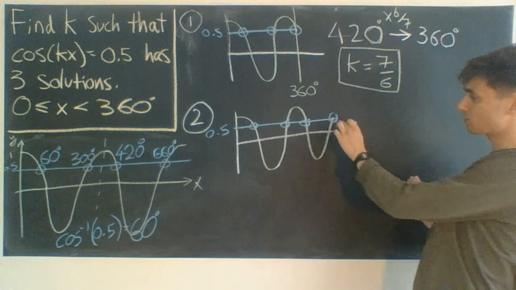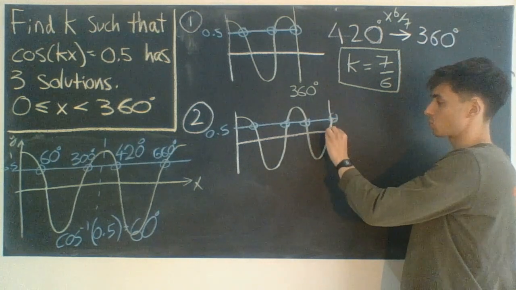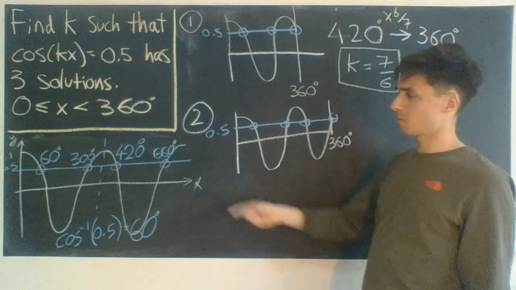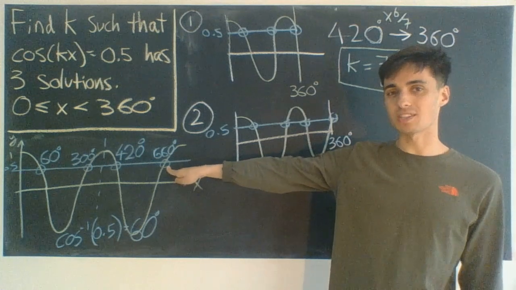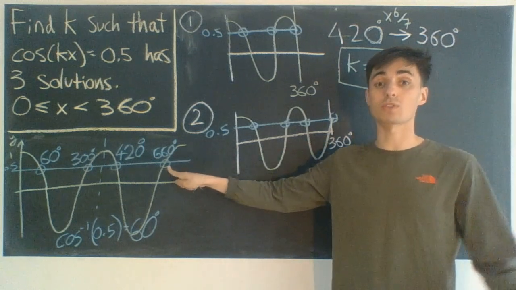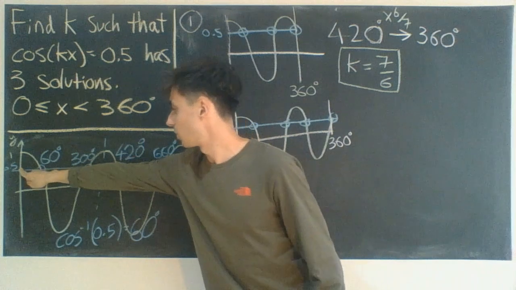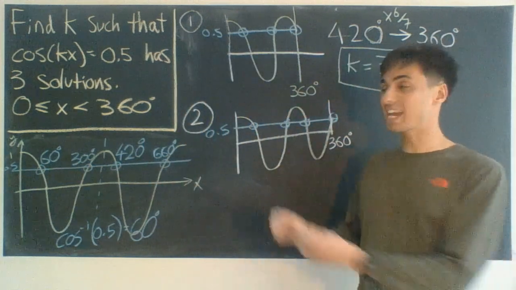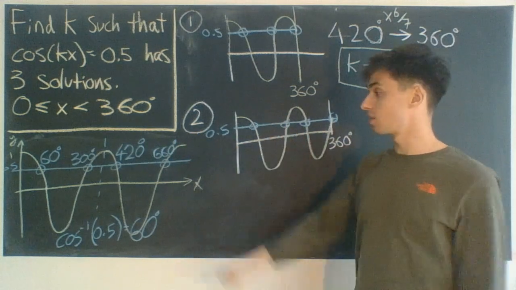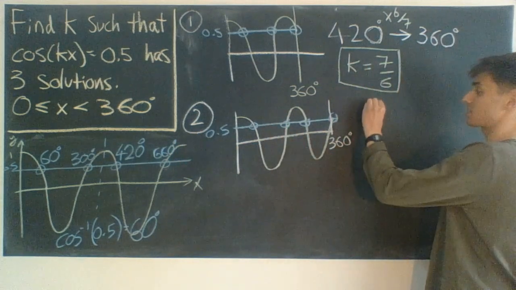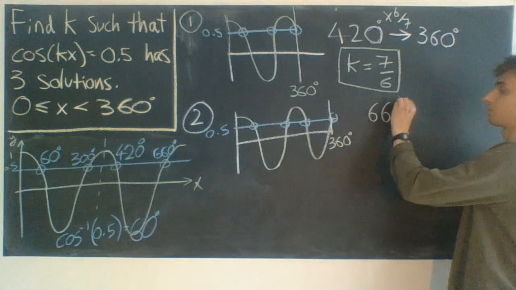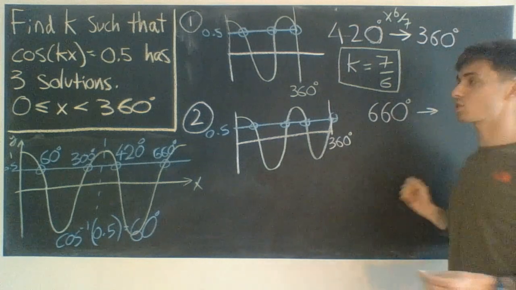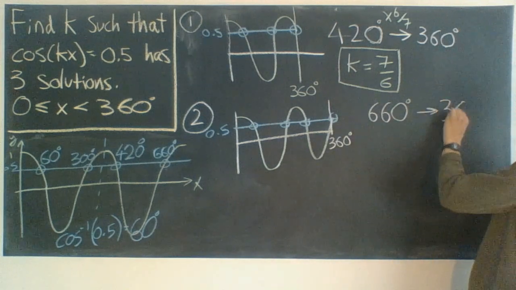What we've got then is this fourth solution, which we're imagining would appear at 360 degrees. That used to be at 660 when this was just a graph of cosine of x. When it was cosine of x, we had 1, 2, 3, 4. So our k stretch or compression factor has sent 660 degrees to just about 360.